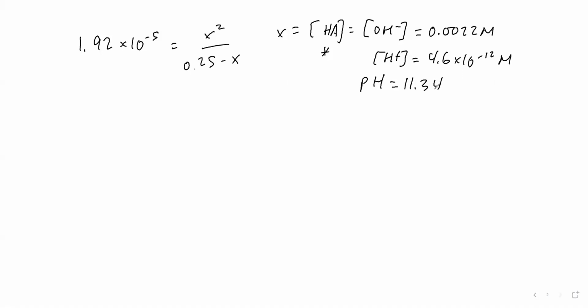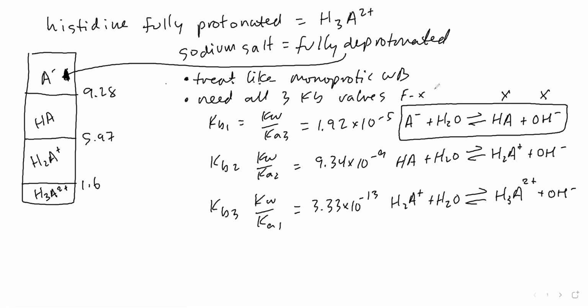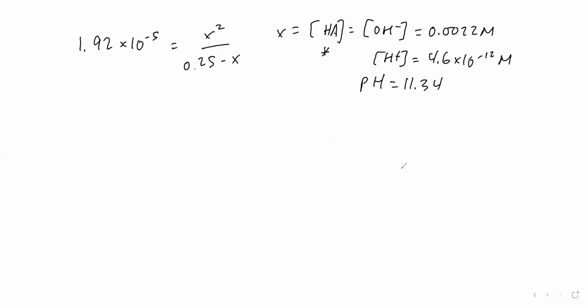All right, going back just for a second to that previous page. If we want to calculate the concentration of H2A+, we have to use the second Kb value, 9.34 times 10 to the minus 9th. When we set up that equilibrium expression with the products over the reactant, this is what we get.